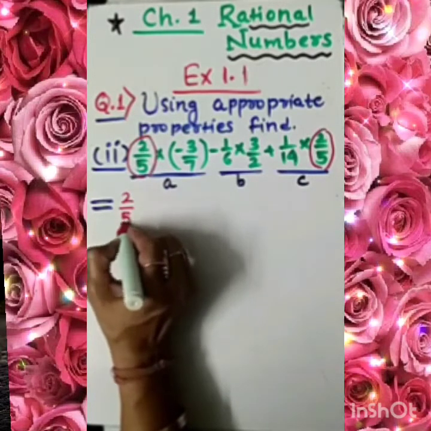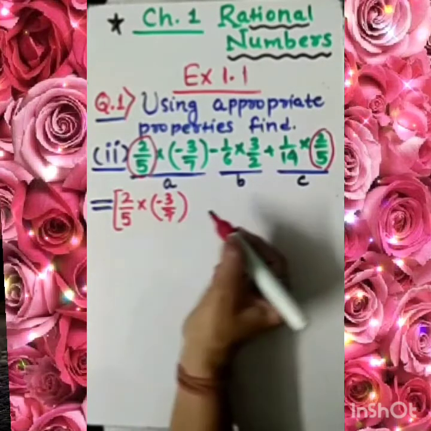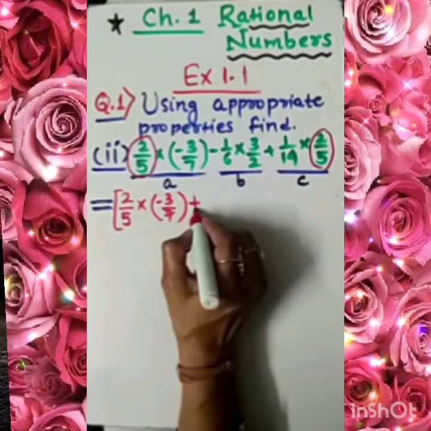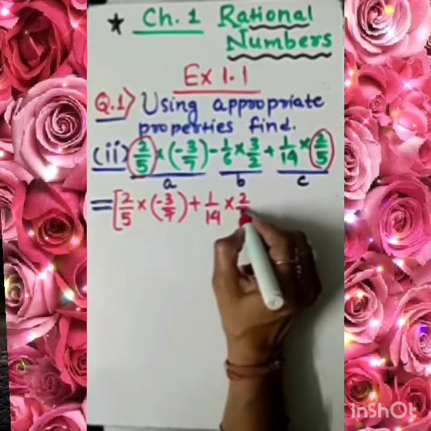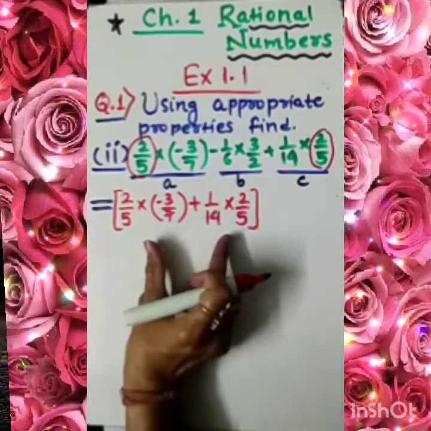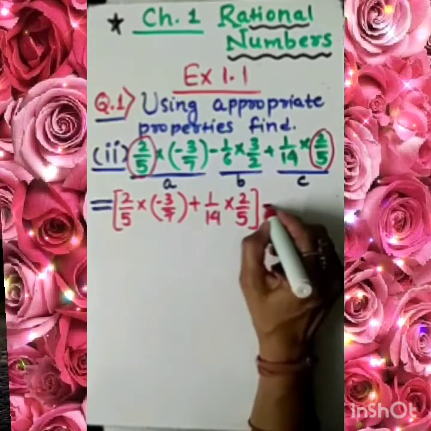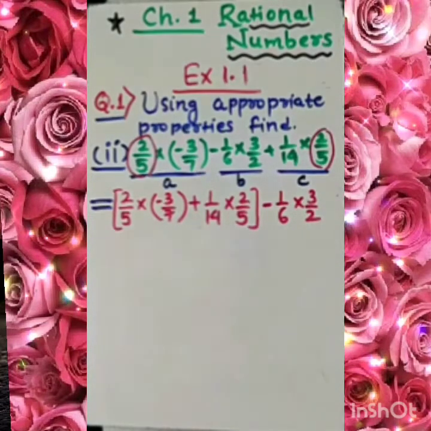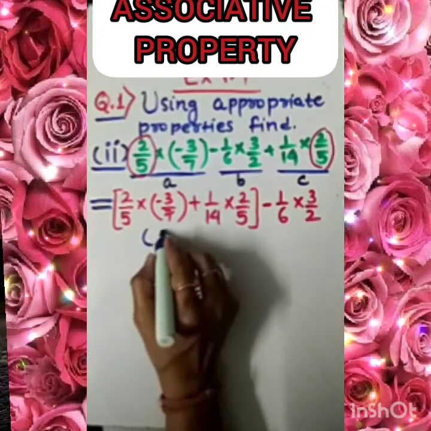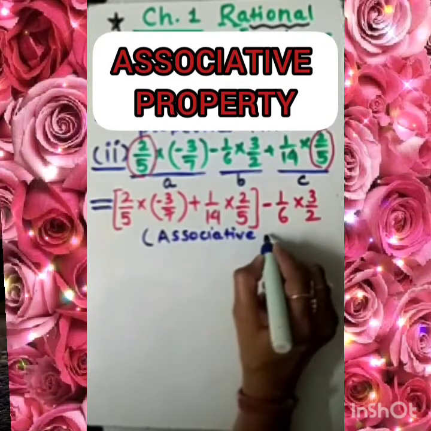I will have 2 by 5 into bracket minus 3 by 7 and along with this, plus 1 upon 14 into 2 by 5. These two terms I am putting together. That is called associative property. And here minus 1 by 6 into 3 by 2 as it is. Fine. So this is how we have done it under the associative property. Okay, so we need to mention here associative property. Fine.